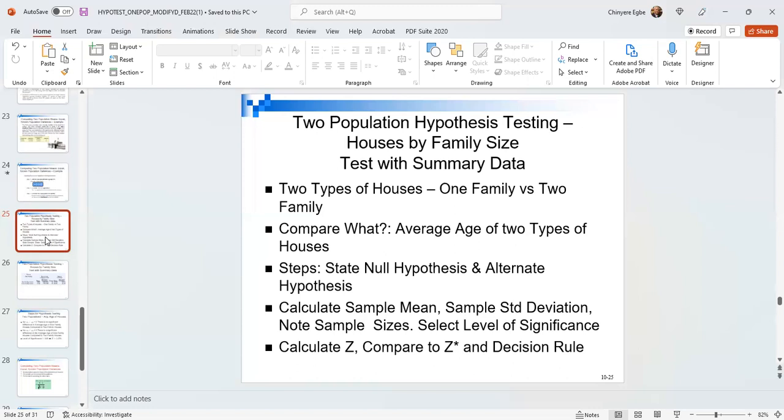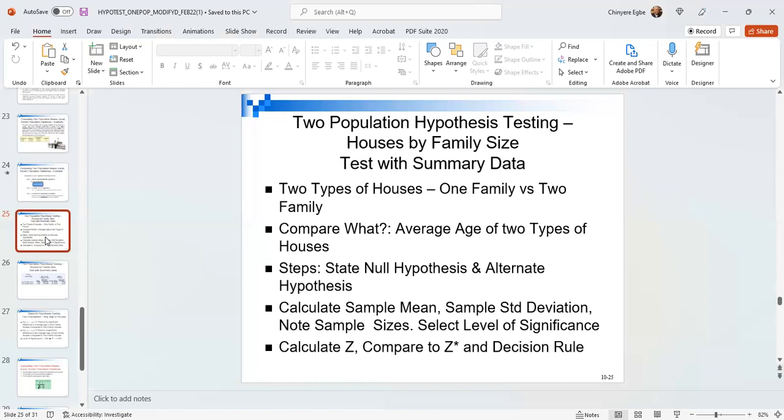But there is another way where you can have a difference in the average age of the two types of housing. One could be that initially they were building more one family houses, and then they later started to build more two family houses. That could be a reason why there is a difference in the average age of two types of housing.